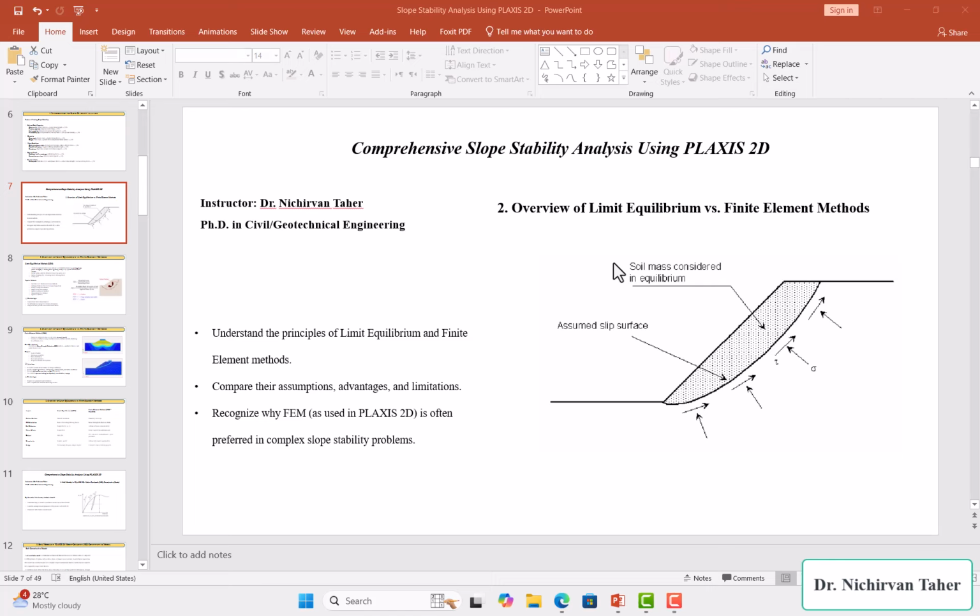Also, we will compare their assumptions and mention some advantages and disadvantages of these two methods. Also, we will mention why in some complex slope stability problems it is necessary to use finite element method and software such as PLAXIS 2D.